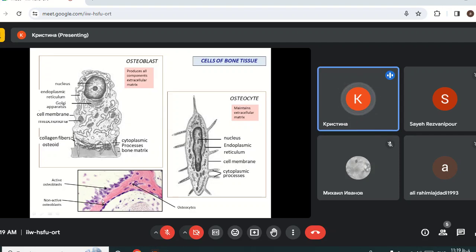So this area is the osteoid, non-mineralized yet bone tissue. And the next step in producing the extracellular matrix of the bone is the calcification or mineralization of the osteoid. It means that next, osteoblasts start to produce some substances that ensure accumulation of a lot of calcium salts and phosphate salts in the area of the osteoid, and so the crystals of calcium phosphates start to grow.